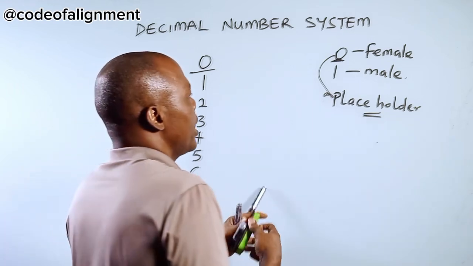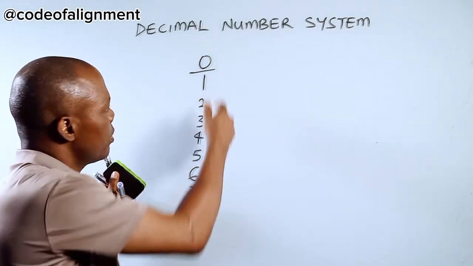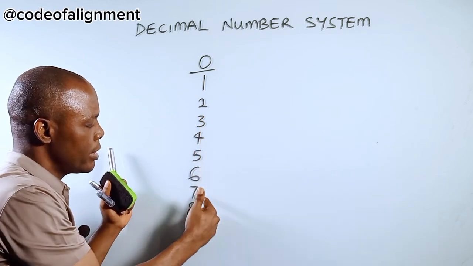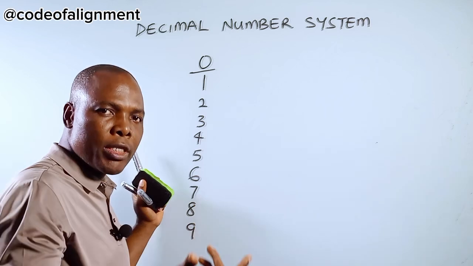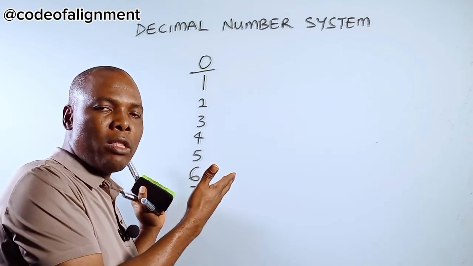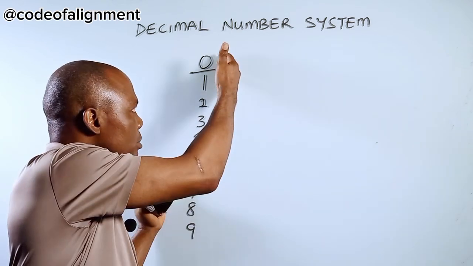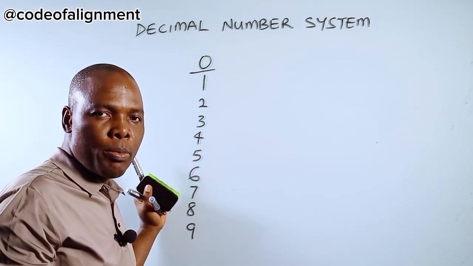All right, so let's explain in decimal. We count 0, 1, 2, 3, 4, 5, 6, 7, 8, 9. If we are going to count 10, we don't have a symbol to represent it, because in the decimal number system we only have 10 symbols, from 0 to 9.